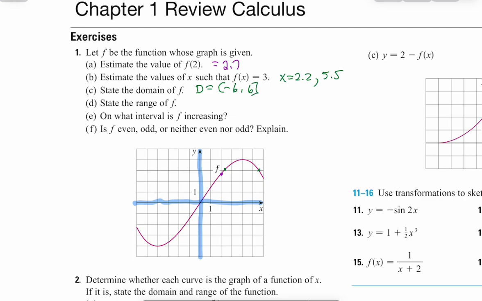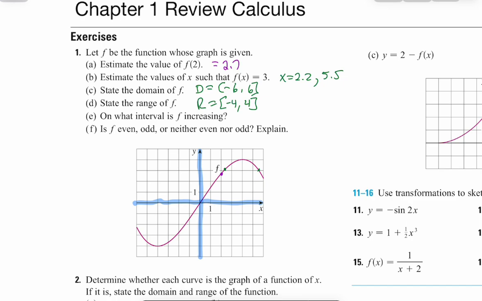The range, our lowest value appears to be -5. Our highest value appears to be positive, or is that 4? Wait, 1, 2, 3, yeah. Appears to be -4 and +4 and everything in between. So our range goes from -4 to +4.